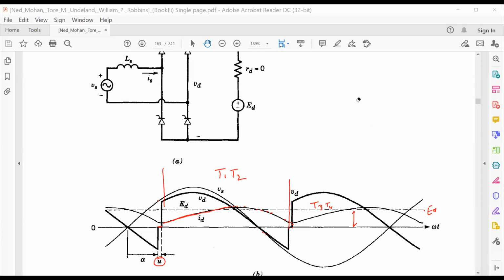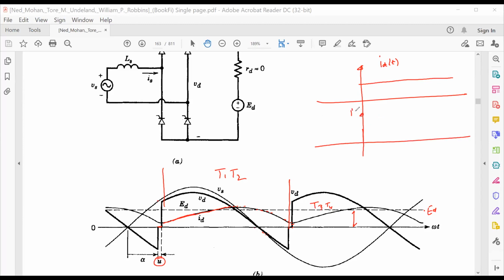I'm just testing you. When the current was constant, then we plotted IS.